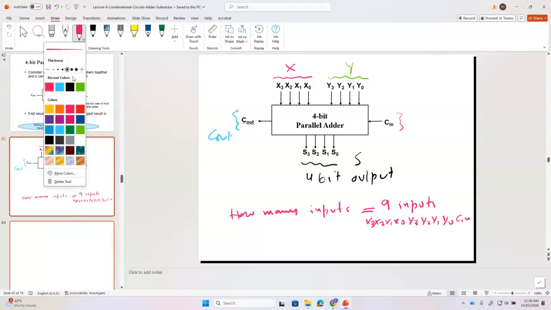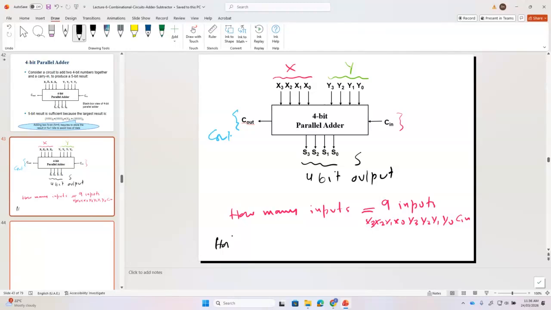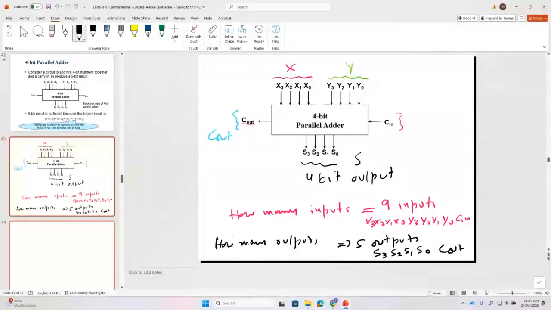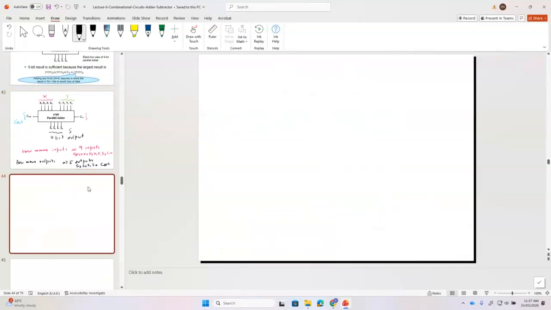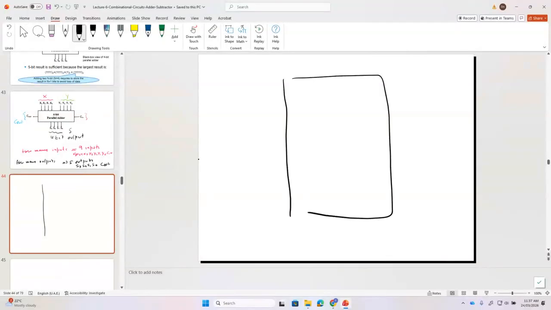And now, how many outputs do we have? We have 5 outputs. What are these outputs? S3, S2, S1, S0, C out. Now please look at here, this is very important. If you draw this circuit as a block, this is a 4-bit adder.